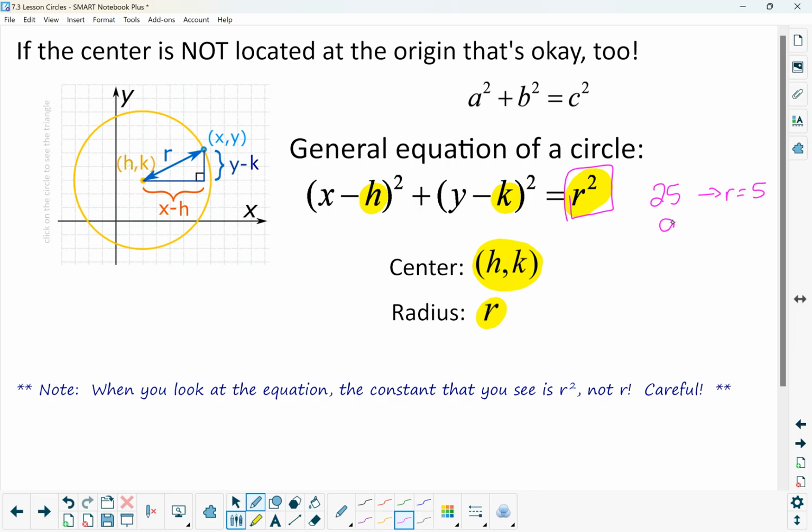If you see a 9, that means the radius is 3. So you either need to think about what number squared gives me this constant, or if you have a hard time thinking about it directly, you can use a square root to get the radius. So you would take the square root of that number, whatever it is. So we'll see some examples of that.